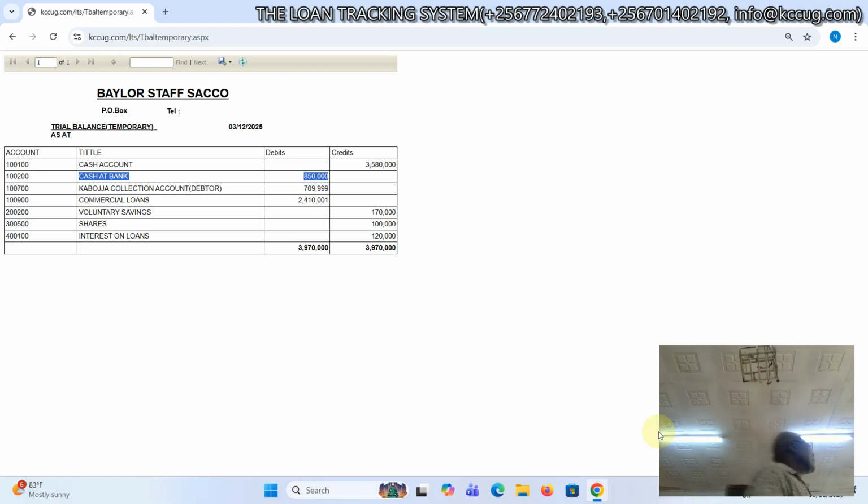I wanted to find out and explain to you why, we have withdrawn 2 million shillings, but when we go to the trial balance, it is telling us that this is cash at bank, cash account, 3,850,580, and unfortunately, it's on the credit side. But I just want to find out if somebody can explain to us why.